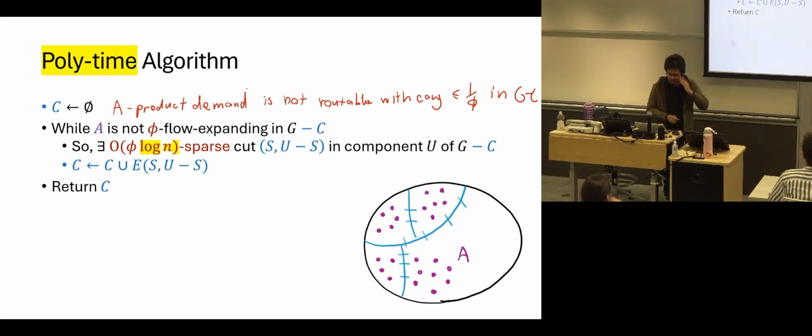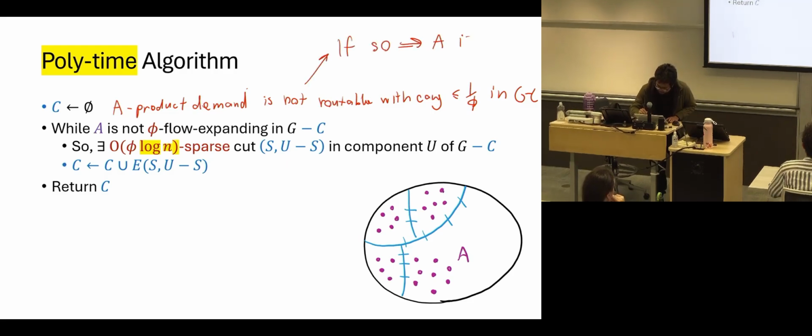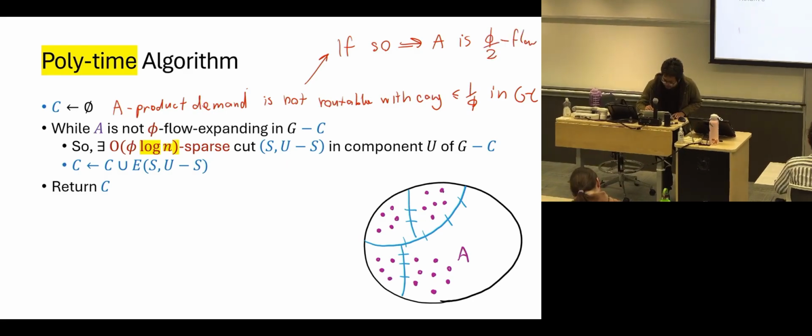You check this. If it is routable, then A is phi over 2 flow expanding, and we can just say we are done.